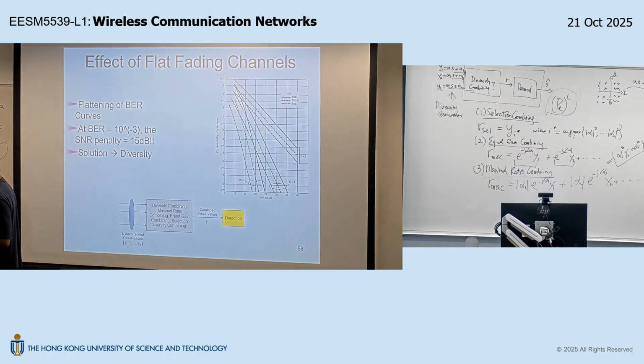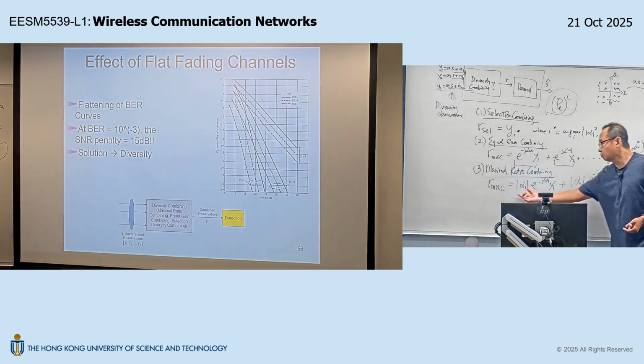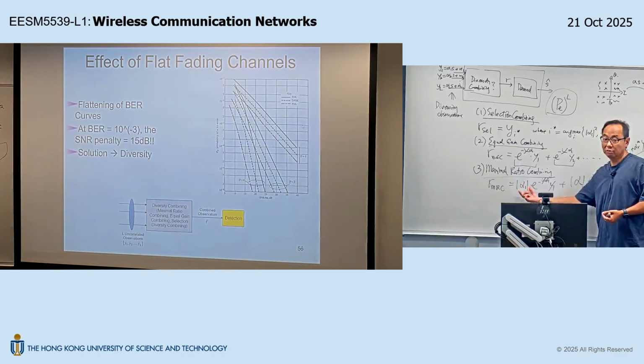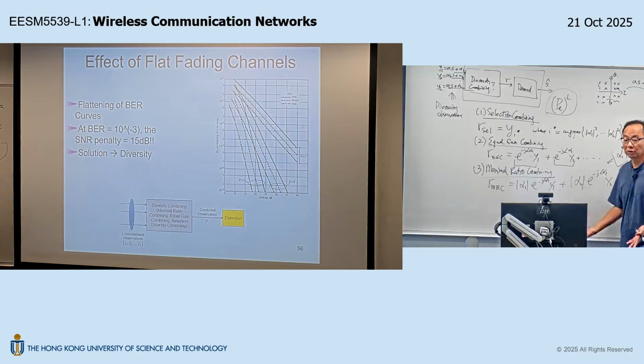Okay? Now, of course, the way I introduce this is just purely by intuition. You can argue with me, okay, I understand and I appreciate I need to do weighted sum, but why should I weight by this magnitude of alpha 1? Why not weight by a magnitude of alpha 1 square, alpha 1 cube, right? You can argue it this way. So, it turns out that this MRC, this particular weighting, is the best way we can weight the observation.